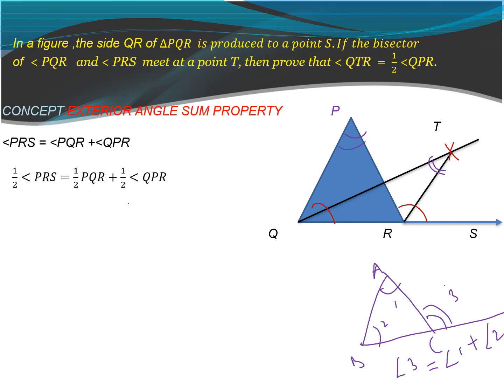Then multiplying the equation by half, half angle PRS is equal to half angle PQR plus half angle QPR.